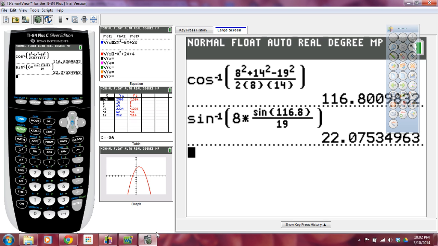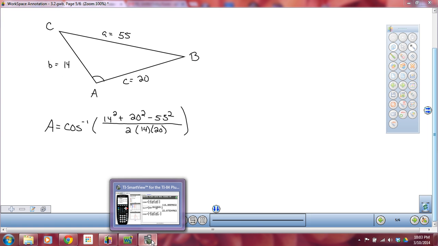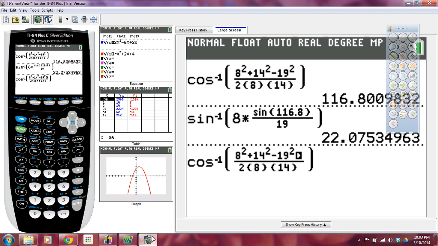Alright, so in our calculator. By the way, I'm going to go up here and choose this one, and then just fill in. Give me a second because I can't remember what I was doing. Oh gosh, I can't even remember my numbers. Alright, 14, 20, 55. So on top, 14, 20, 55.